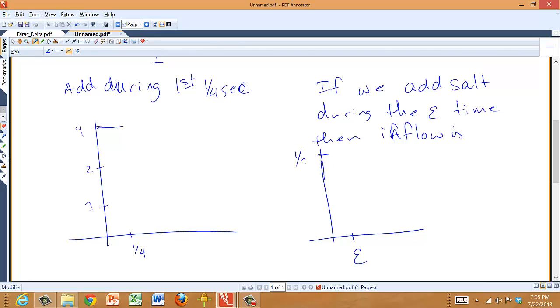We add salt during that time at a rate of 1 over epsilon. So it'll look like this. This function gets a name, and this is called delta epsilon. And it's defined again, it'll be 1 over epsilon if t is less than epsilon, and it's 0 otherwise.